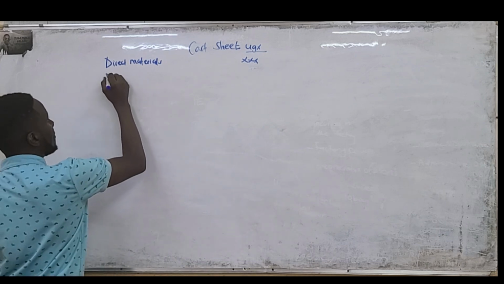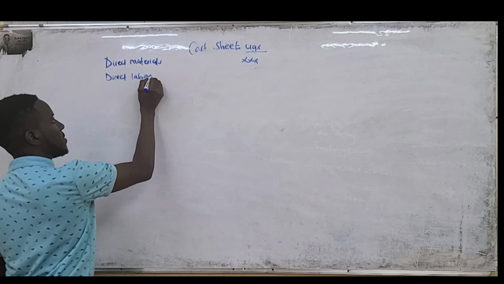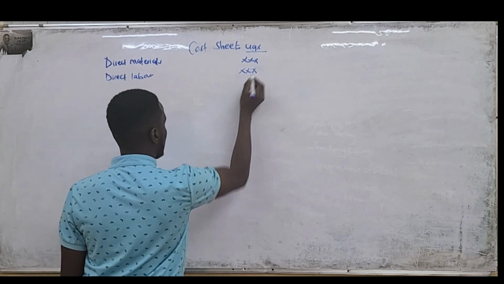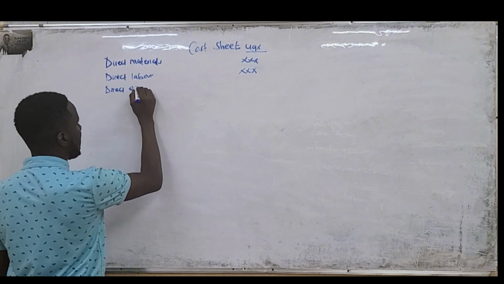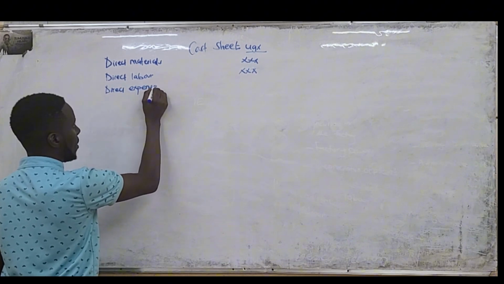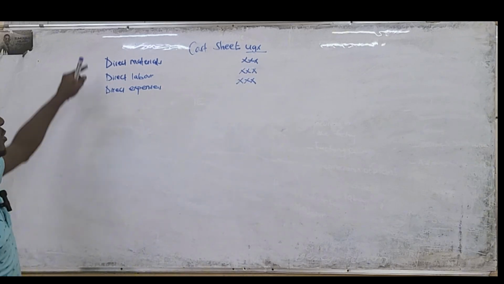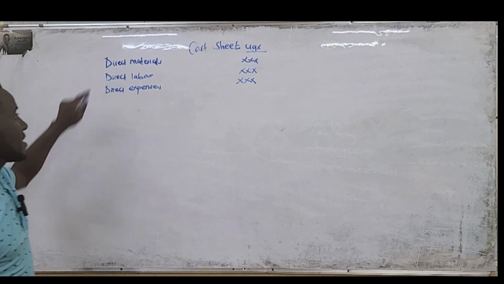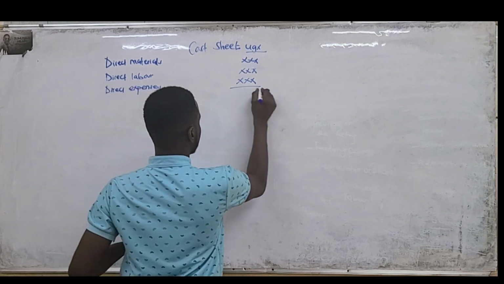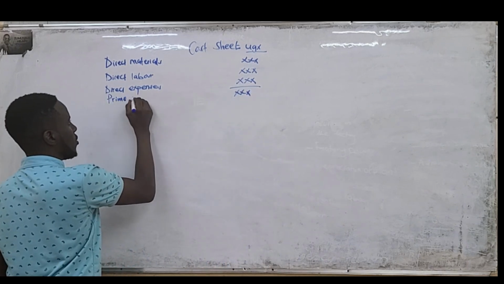Then you can have direct labor, we bring it here. We can have direct expenses, we bring them here. I told you that the total sum of all the direct nature elements gives us what we call prime costs.